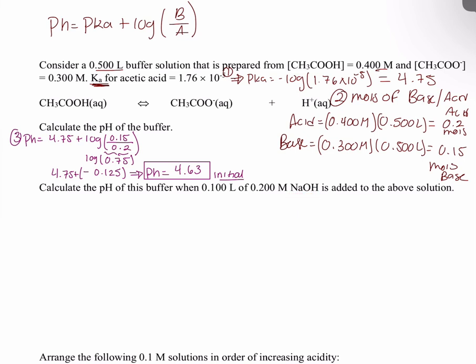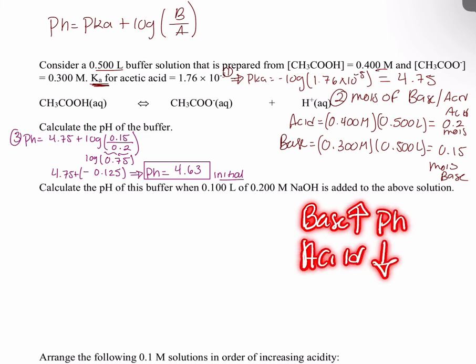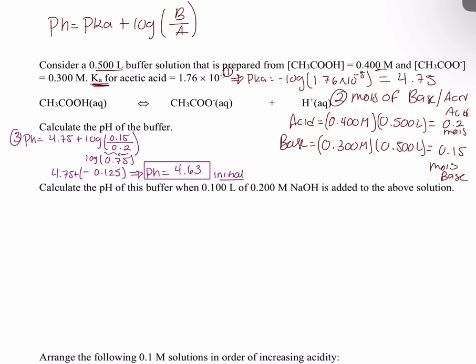So what's going to happen to the initial pH is that it's going to increase, because a base increases the pH and an acid decreases the pH. So with that being said, what we're just going to do is pretty easy. We're just going to find first the moles of this, and then we're just going to literally plug it right back into this.